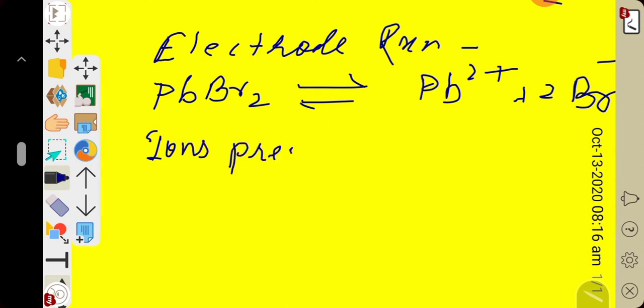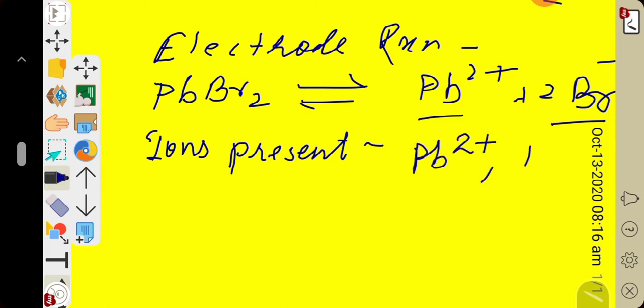After dissociation, you can see we have two types of ions, Pb2+ and Br−. So we have lead ions and bromide ions in the electrolytic solution. Okay, so let's see what happened after that.